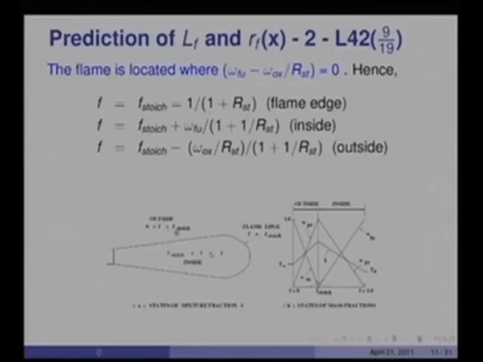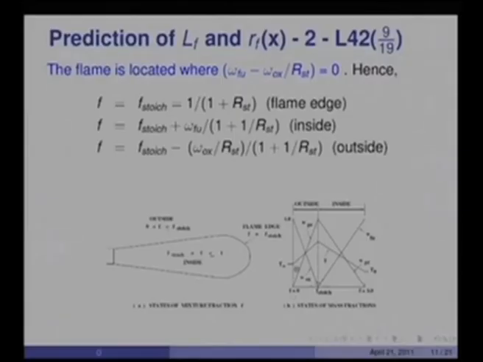This shows the outside of the flame, where F lies between 0 and F_stoich, whereas inside the flame F lies between F_stoich and 1. To see this graphically, we draw a graph of F equal to 0 to F equal to 1, and here is what I have shown, F_stoich, because RST for a given fuel is known, the air to fuel ratio is known, and therefore F_stoich can always be plotted on this. F, of course, being a dimensionless fraction, can only go from 0 to 1.